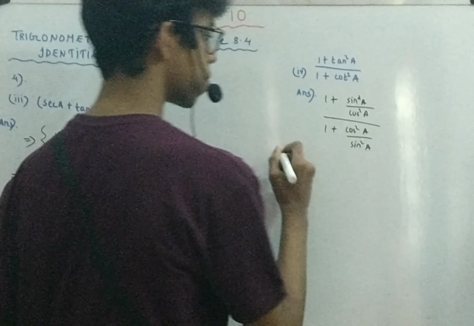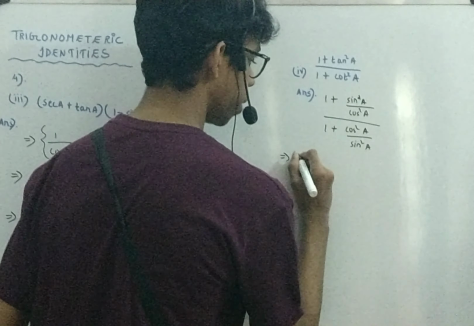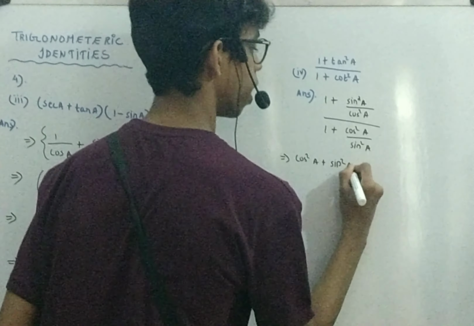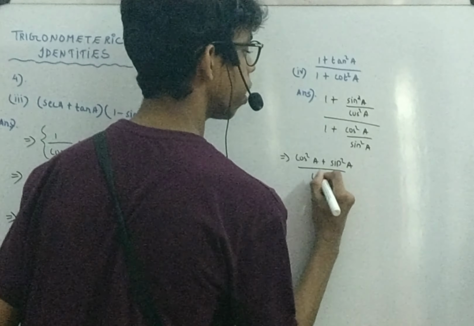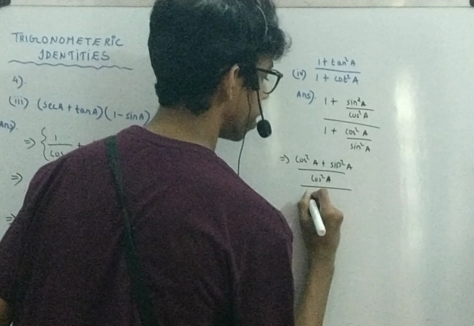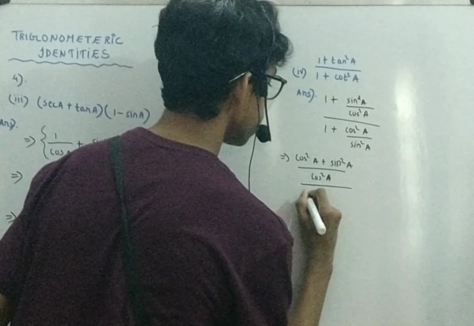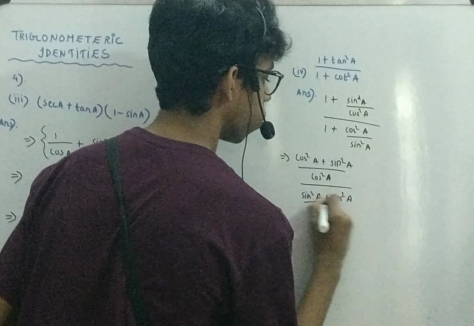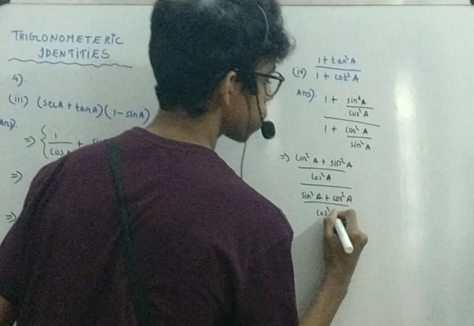Now here we can just cross multiply, so you will get cos square a plus sin square a the whole divided by cos square a, the whole divided by, again cross multiply, sin square a plus cos square a the whole divided by sin square a.